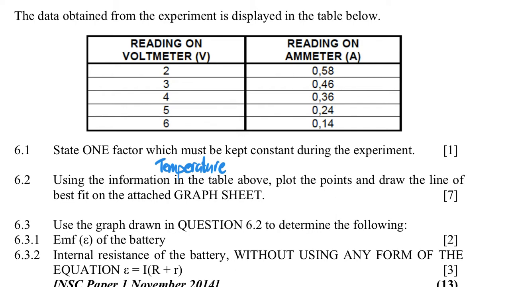You shouldn't change batteries, because by changing batteries, you're probably going to change the internal resistance of the batteries, because even though they're the same make and were made to have the same EMF, let's say each of the cells was 1.5 volts, and you put them together, your EMF would be 3 volts.